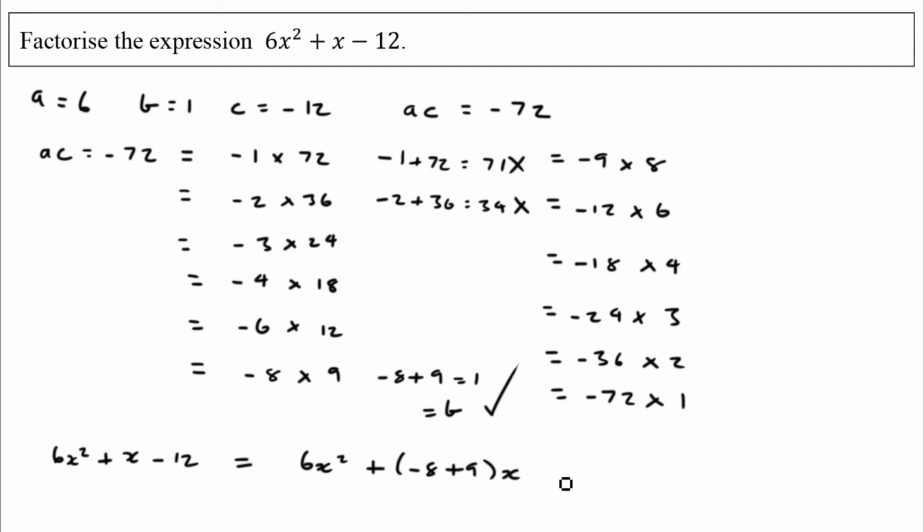That's how many x's we have got. Subtract 12, our c stays the same. And also we are told to expand that bracket. So we have 6x squared subtract 8x plus 9x subtract 12.